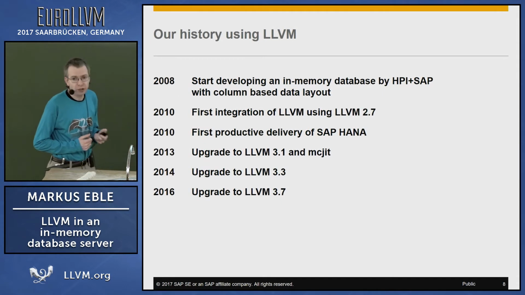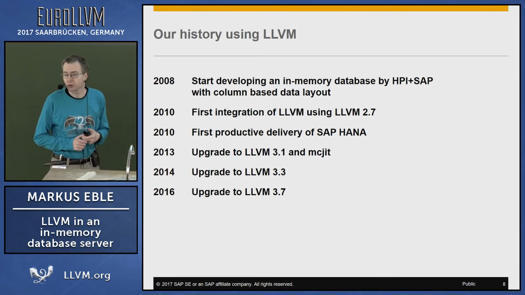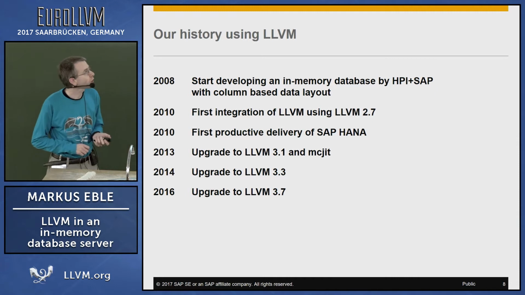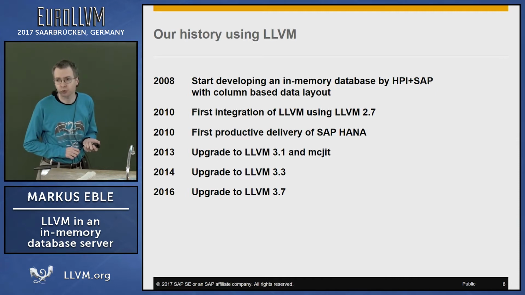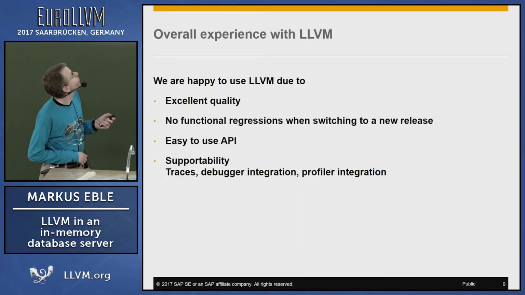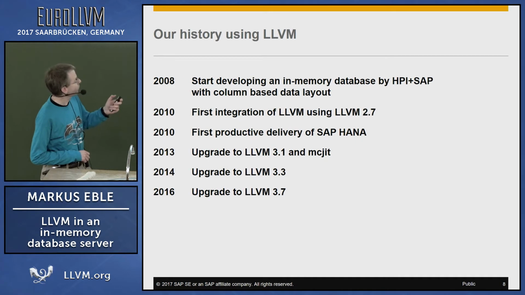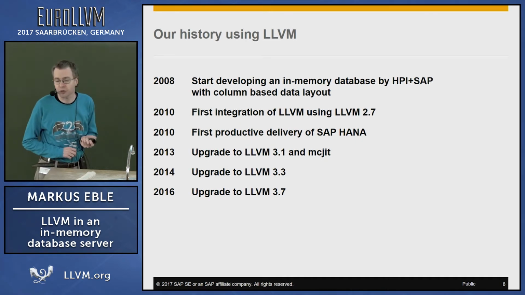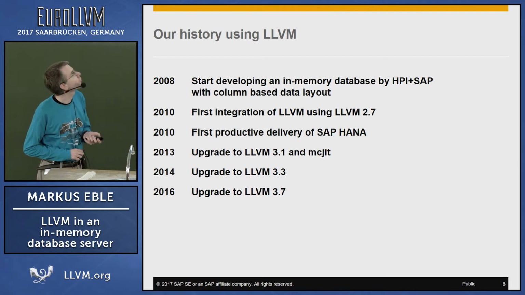We started using LLVM in 2010, and we were rather fast to integrate. The first productive version was available half a year later, so it was very fast to use the APIs. We were very happy with the switch to the MC-JIT, since that brought us improvements in terms of multi-threading and integration of debug info.